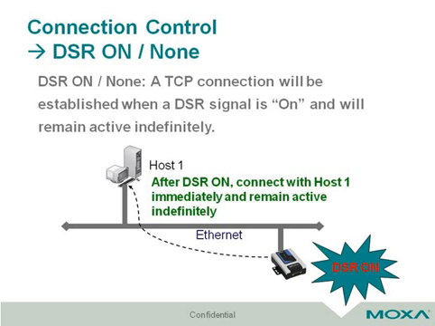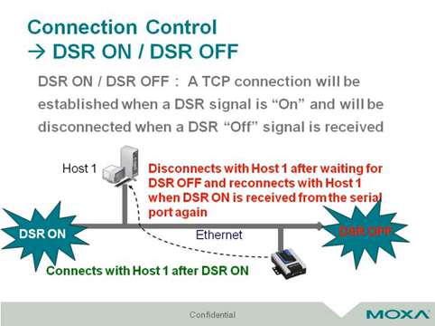Next is DSR on and none. A TCP connection will be established when a DSR signal is on and will remain active indefinitely. DSR on and DSR off. A TCP connection will be established when a DSR signal is on and will be disconnected when a DSR signal is off.